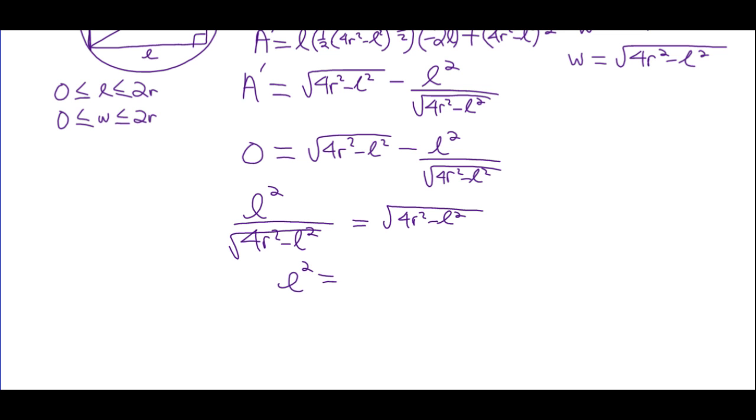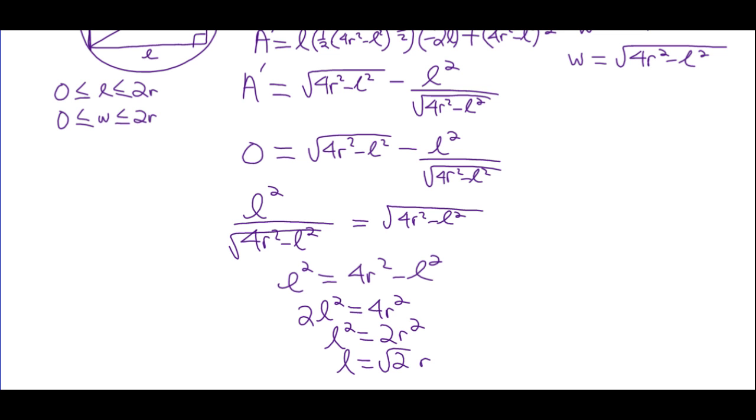So L squared is just going to be equal to 4R squared minus L squared. See how the roots radically disappear? So 2L squared is 4R squared. So L squared is 2R squared. And L is root 2R, where the R is not under the radical sign.